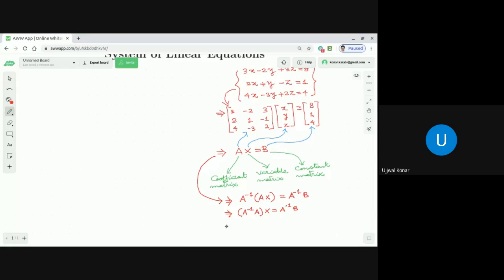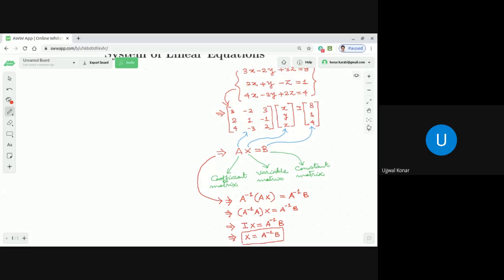Now, dear students, tell me, what is A inverse into A? A inverse into A is nothing but the identity matrix. So we can write IX is equal to A inverse B. So I into X means X. That implies X is equal to A inverse B, and this is the solution.